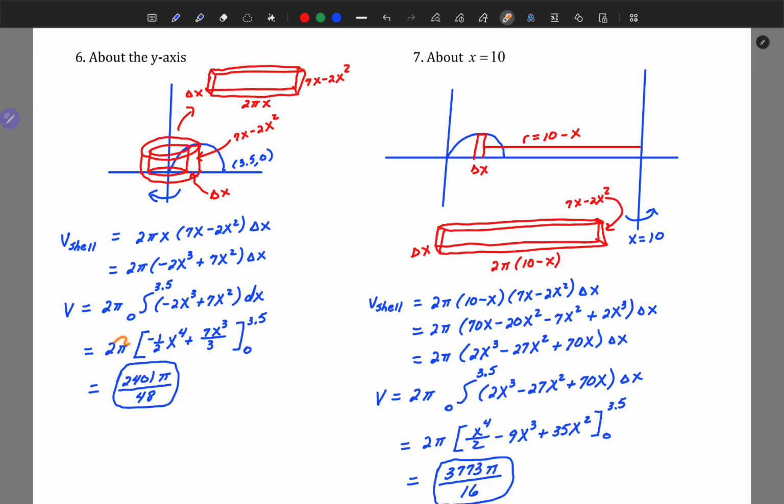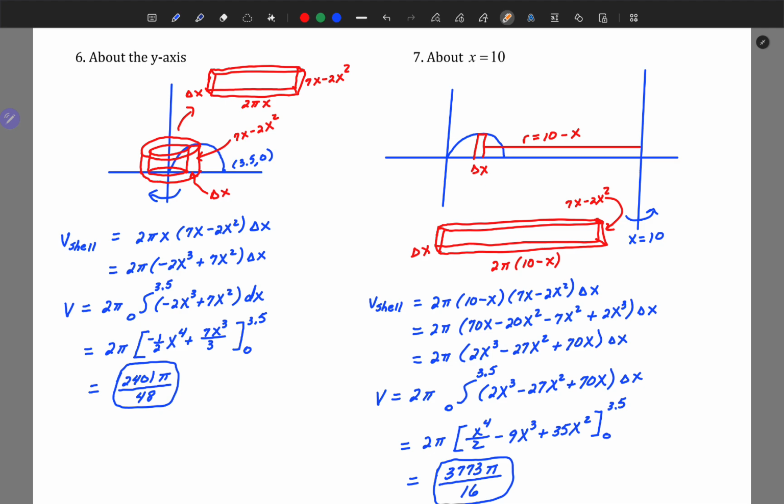I had to multiply by 2 after I did that, which created that 96 denominator, simplifying down to a 48 denominator. We didn't have to worry about the lower limit of integration since all of this evaluated at 0 is 0. I get my final answer of 2,401 pi over 48.